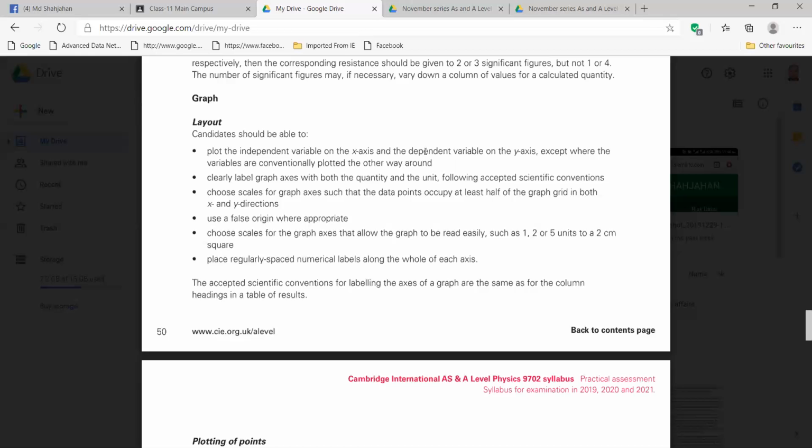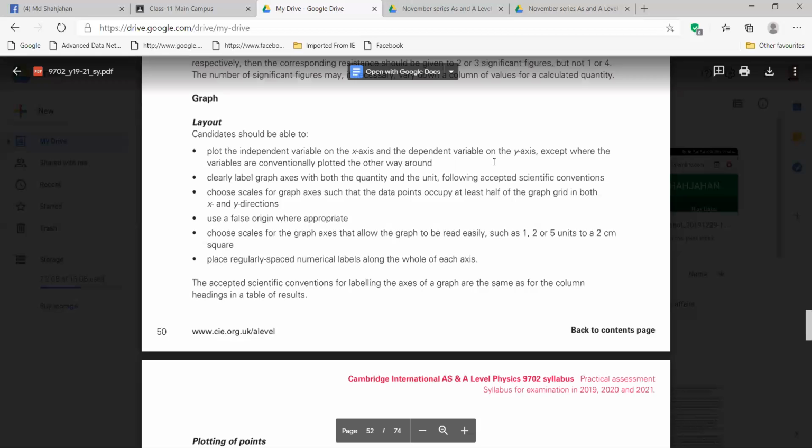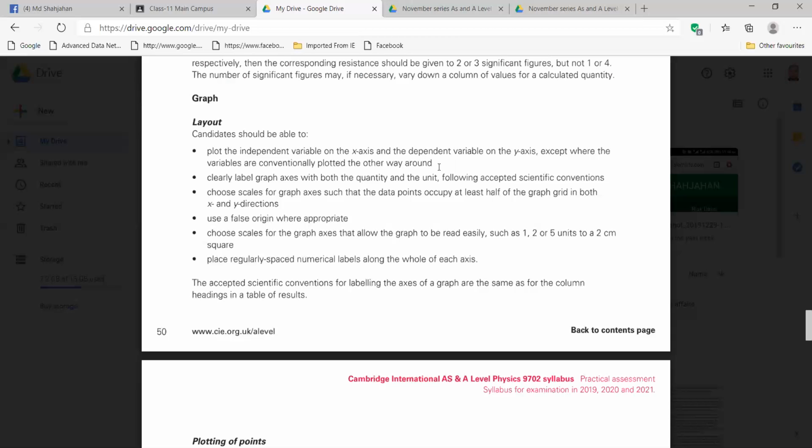So they are saying about this, that except where the variables are conventionally plotted the other way around. That means in some questions it might be given the opposite way, right? That is different, but in practice or in physical appearance, we understand that extension is depending on load.